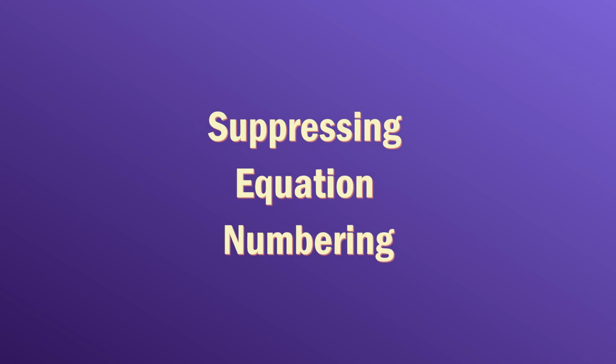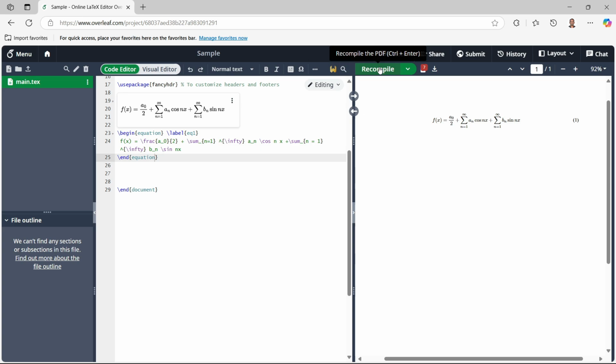Suppressing equation numbering. Now, what if you don't want an equation to be numbered at all? You can simply use a star version of the environment, like equation star.